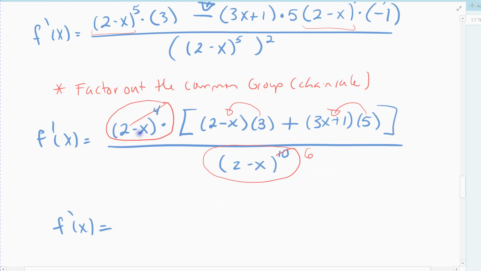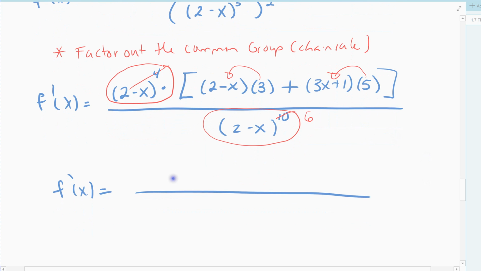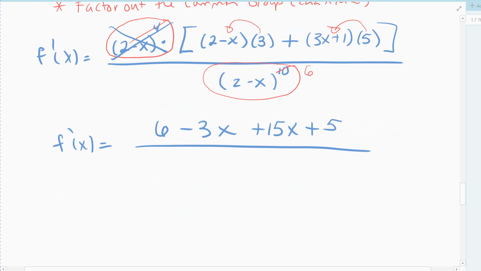I'm reducing those 4 with 4 of those in the denominator, and then up top I'm distributing. And since those are gone now, I don't really need my bracket, so I'm going to drop them. Distribute my 3, so I get a 6 minus 3x, distribute my 5, so I get a 15x plus 5, all over now 2 minus x, but only 6 of them, because I cancel out 4 of them.